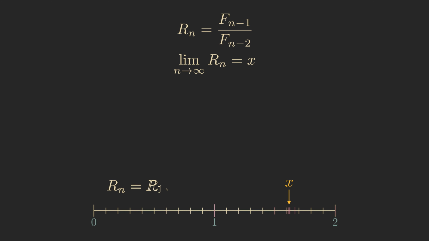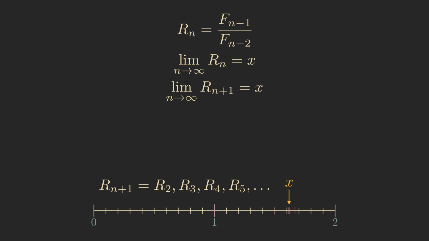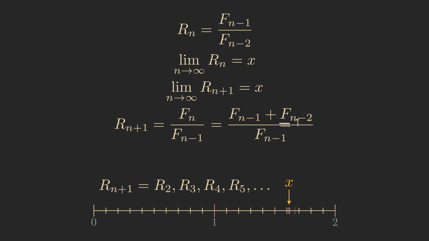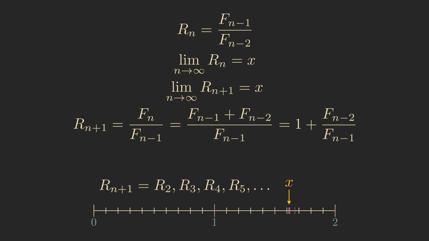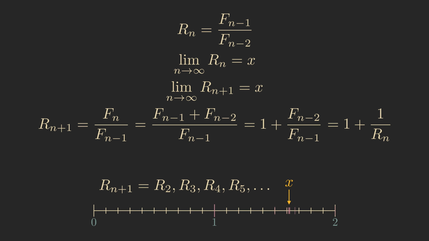Now, R_(n+1), which is like shifting the sequence to the left, also converges to x. Now, we know that R_(n+1) equals F_n divided by F_(n-1). And we know that F_n equals F_(n-1) plus F_(n-2). Plugging that in and doing some cancellation, we get 1 plus F_(n-2) divided by F_(n-1), which is 1 plus the inverse of R_n.